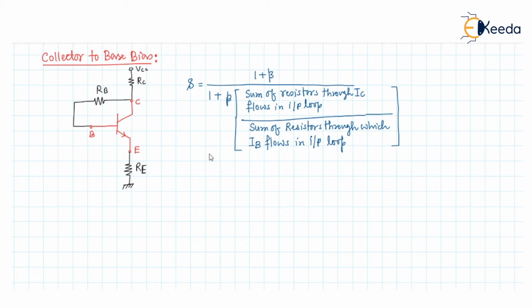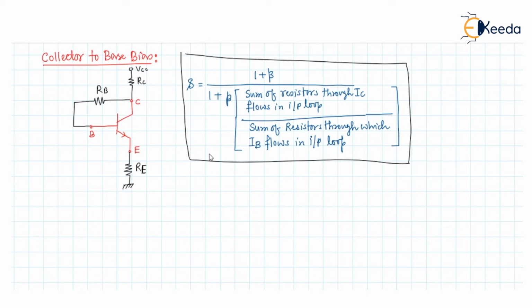So this is the shortcut way by which we can find the stability factor of any biasing circuit.